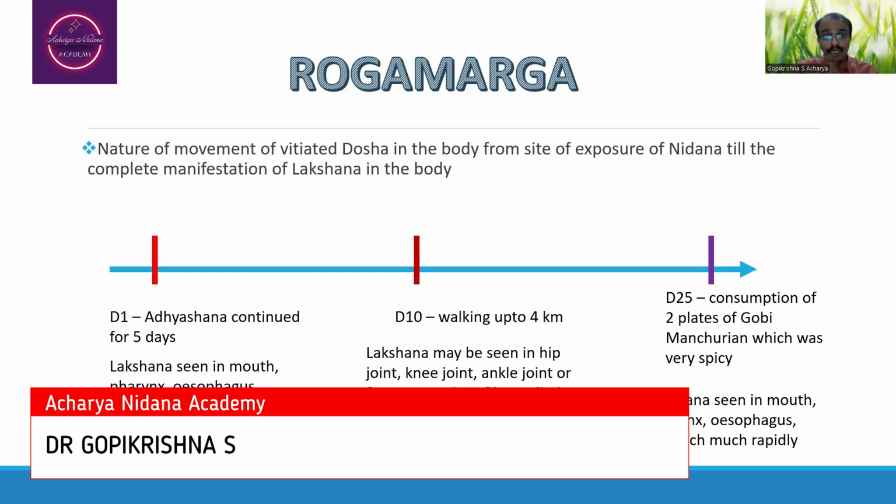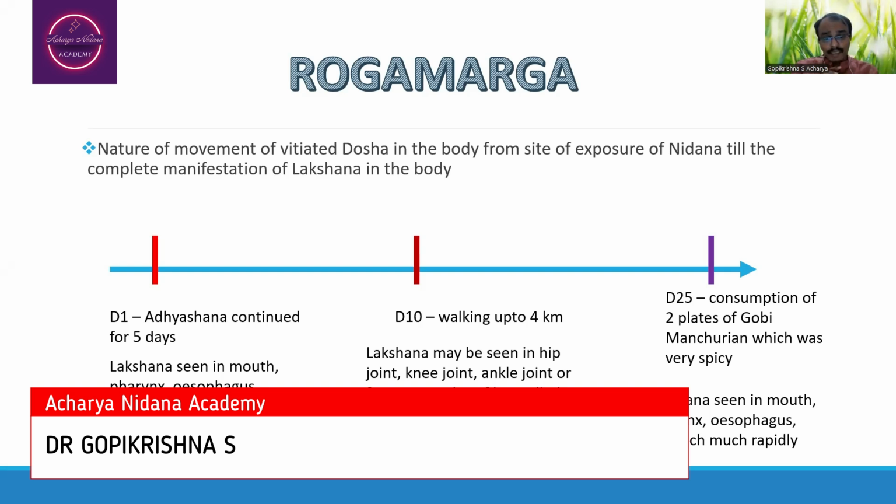That will lead to clinical manifestation in the upper alimentary canal. Initially it may be observed in the mouth, then in the pharynx, esophagus, and the stomach. In most occasions the symptoms are observed in the stomach, because the food ingested is stored in the stomach for up to 2 hours.